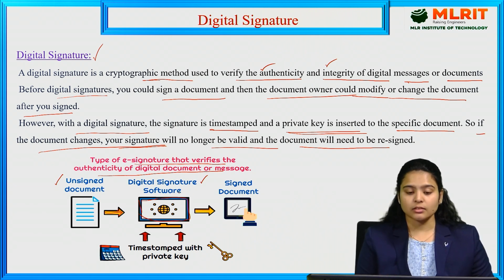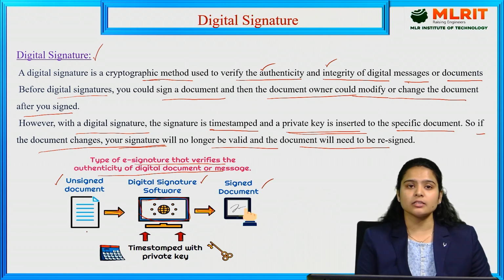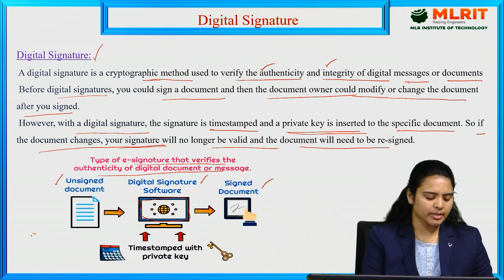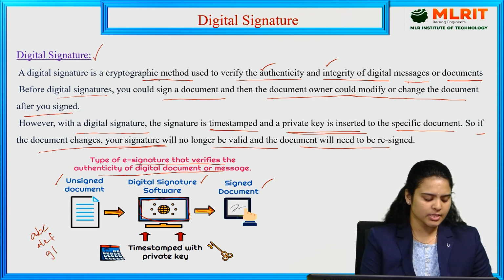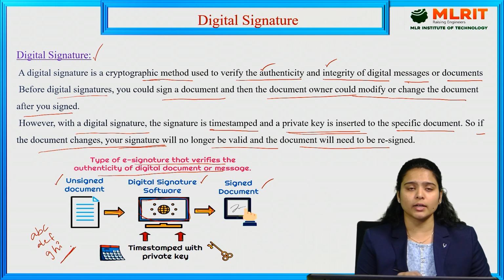Next, the digital signature software processes the unsigned document and it becomes a signed document. For example, here there is ABC, DEF, GHI. It is in an unsigned format. We don't know what is inside that document.